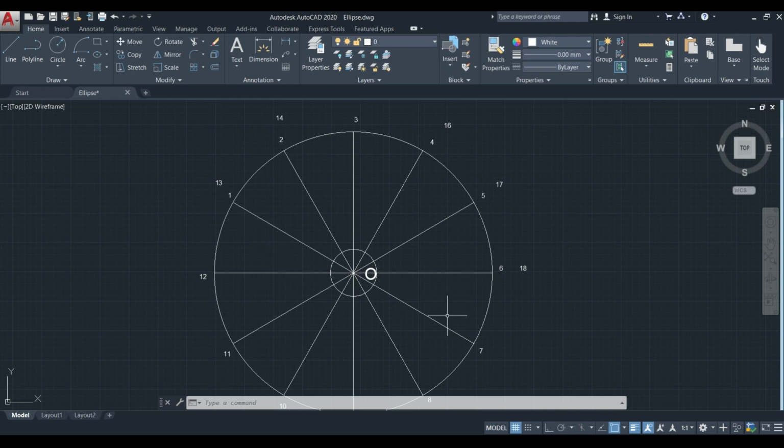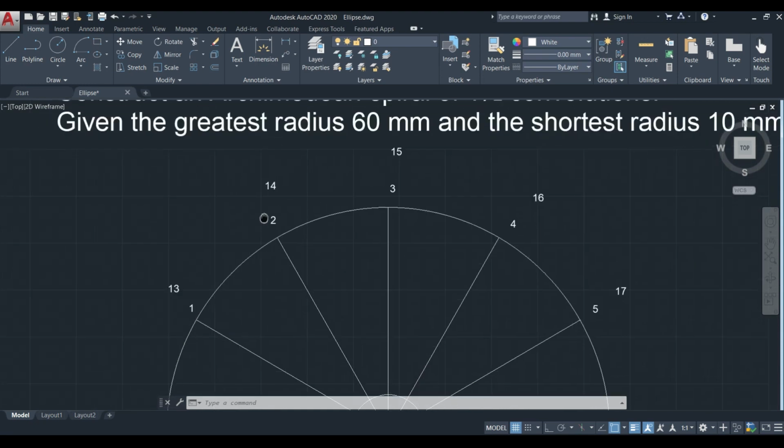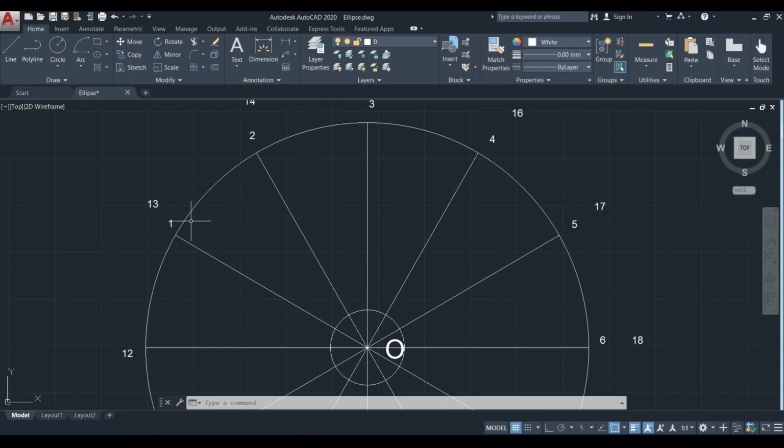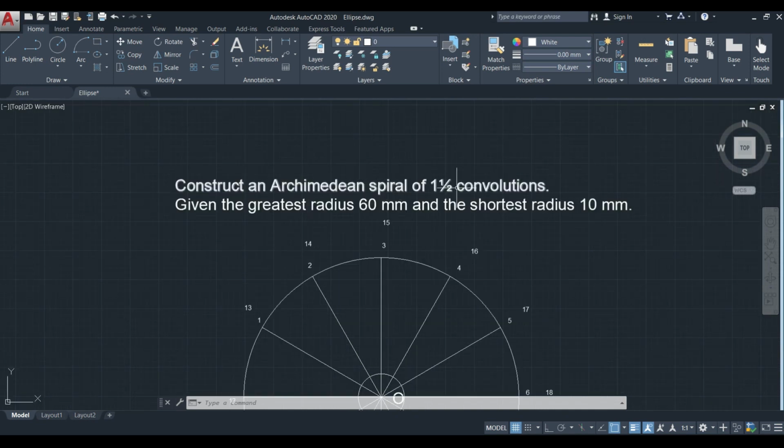It is actually divided into 12 parts, but after the 12th part it is marked as 13, 14, 15, 16, 17, 18 again on the points 1, 2, 3, 4, 5, 6 here. That's because this question is to draw the Archimedean spiral of 1.5 convolutions.